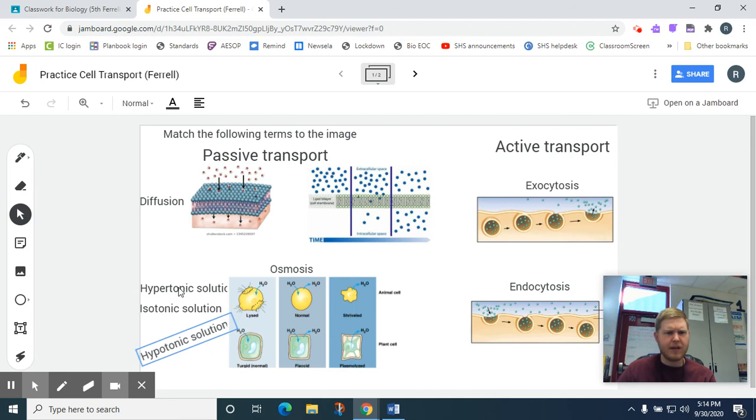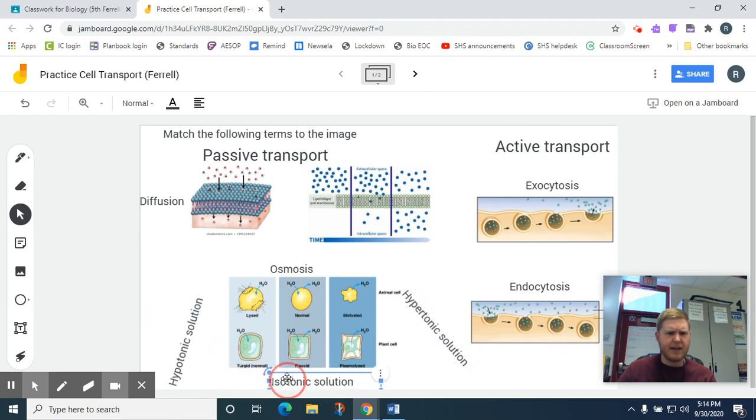Hypertonic, this is the one where the cell gets small, like the hyper kid. We just talked about that. That's going to be this side. And then isotonic is going to be in the center.